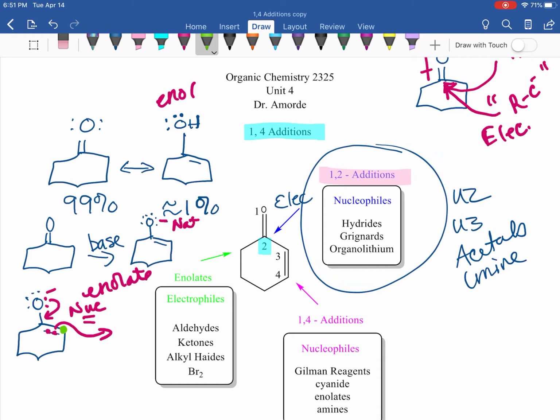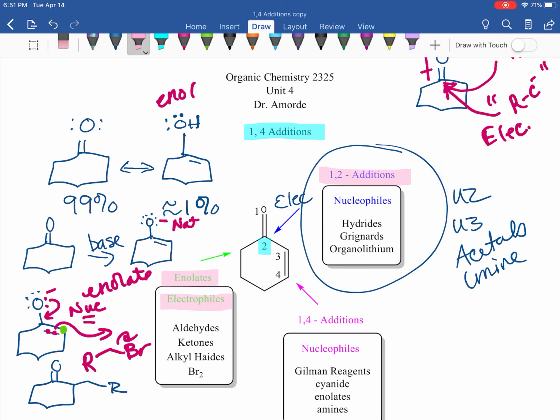So right there. So we can react with all kinds of things. We did enolate chemistry in our last unit with alkyl halides, and we did a nice SN2 that way, and then we could add in right next to that ketone. So that is right here in this chemistry.